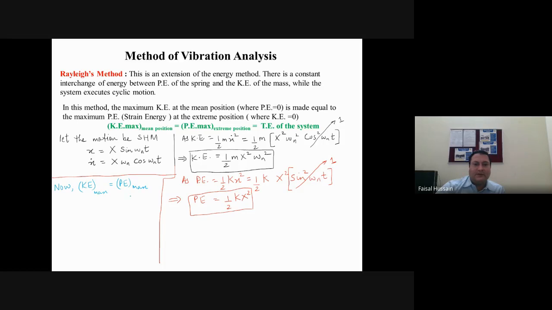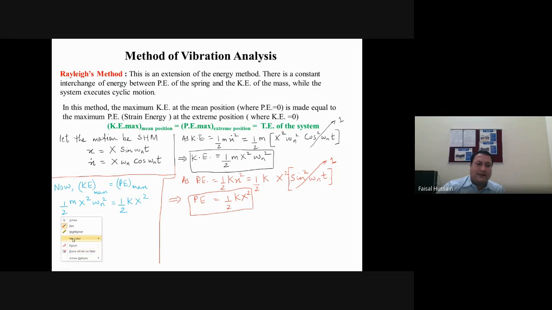So the maximum kinetic energy will be half m X square ωn square, and the potential energy will be half k X square.